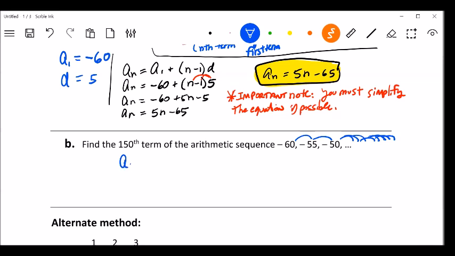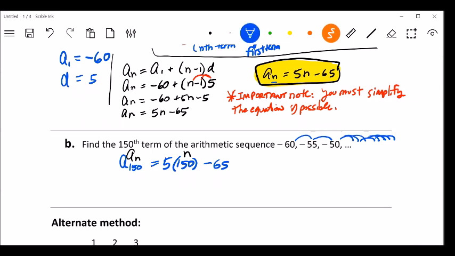We're going to say that the amount of the 150th term, because we're going to use that n, is equal to 5 times 150 minus 65. So what I did is I filled in, this is an, and this is the n, following the equation there.